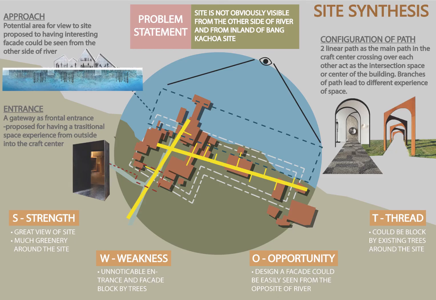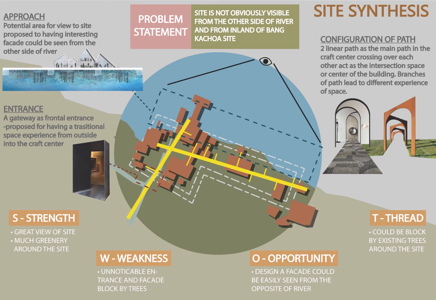So I try to have a beautiful facade at the side of the river, which can be seen from the mainland on the other side of the river, so that people could notice the craft center.